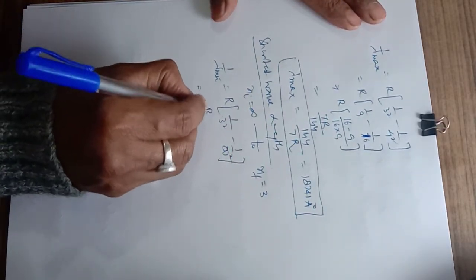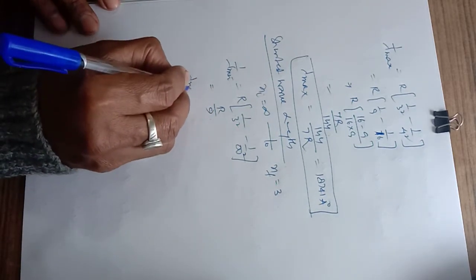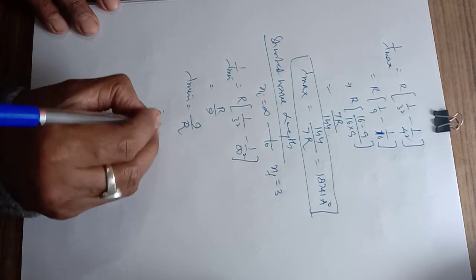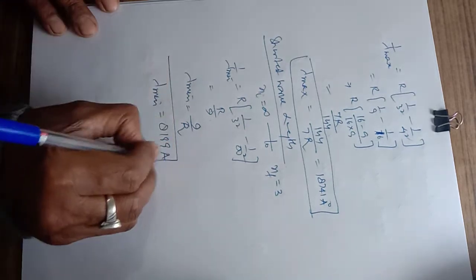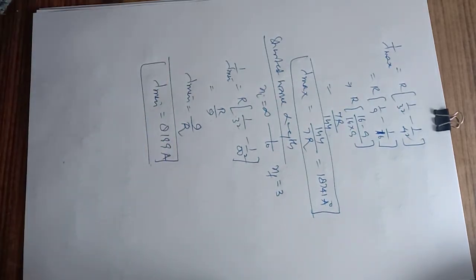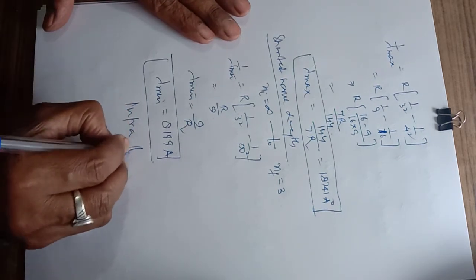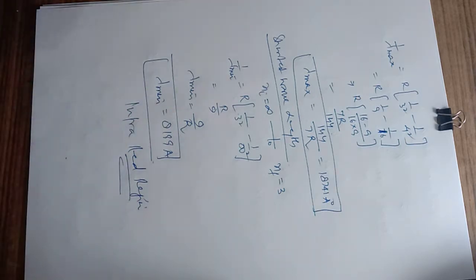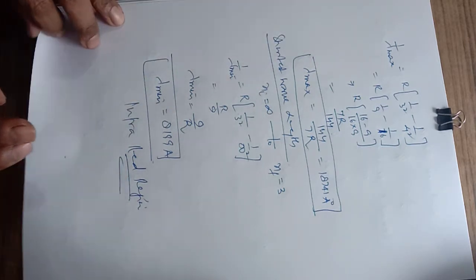So it is R/9. So λ minimum is equal to 9/R. So it is 8199 angstrom, that is the minimum. So this is the shortest, that is in the infrared region. You have to remember the region also: what that region is, what the λ minimum is, what the λ maximum is.